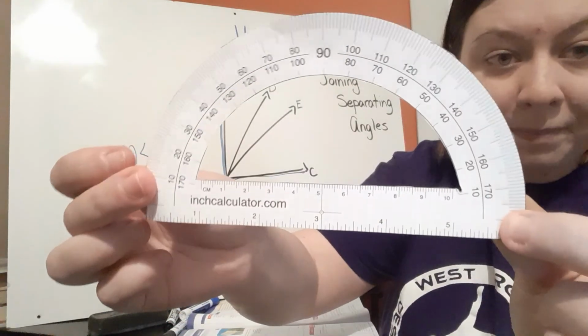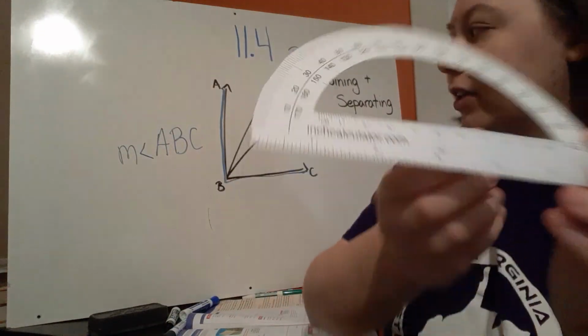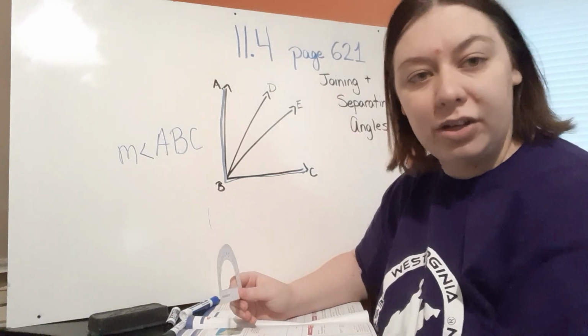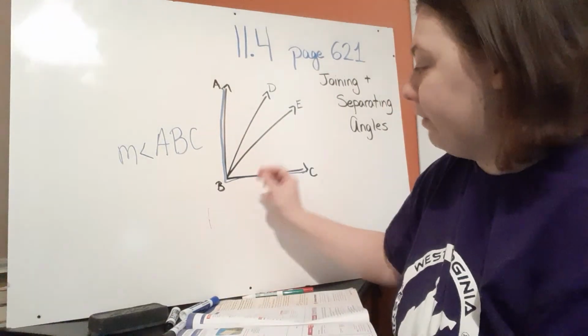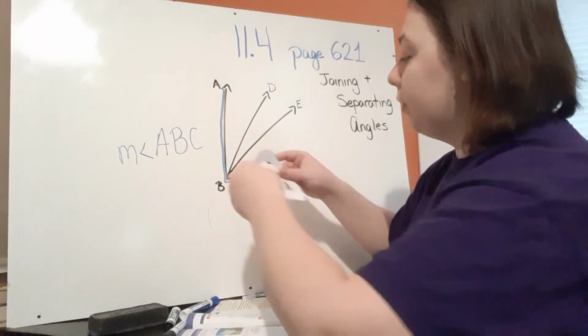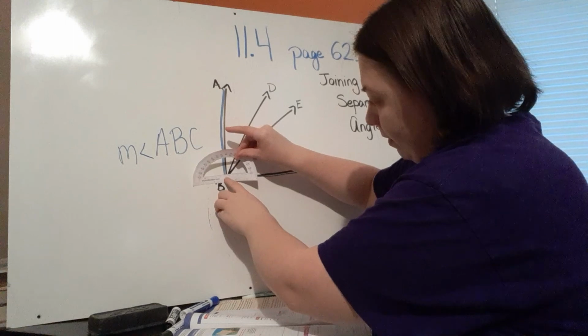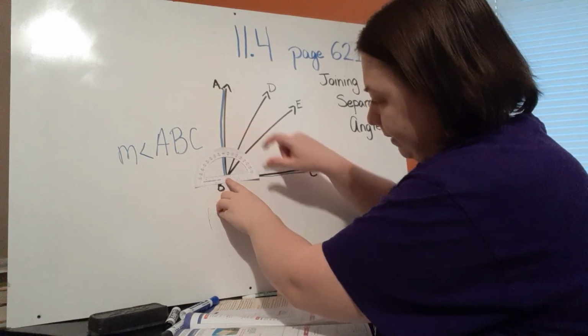So, here's mine. Everybody's protractor should have a hole right down here at the center. Now what I want to do is look at my vertex. My vertex is at point B. So I want to align this hole right where my vertex is.